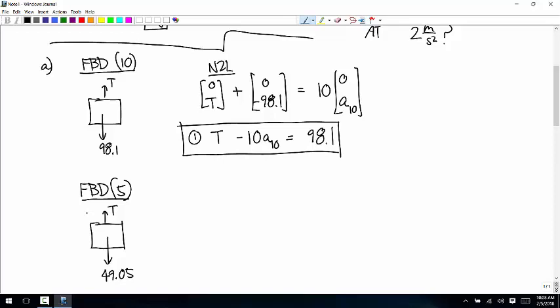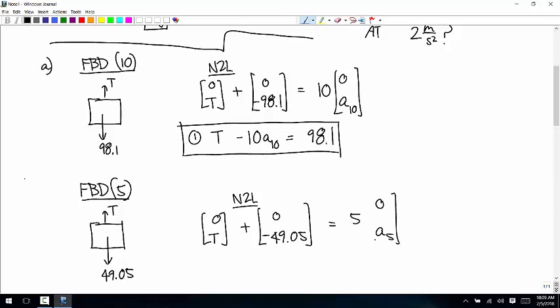So Newton's second law says 0T plus 0, negative 49.05 is equal to 5 times the acceleration of this one, which I'll call A5.